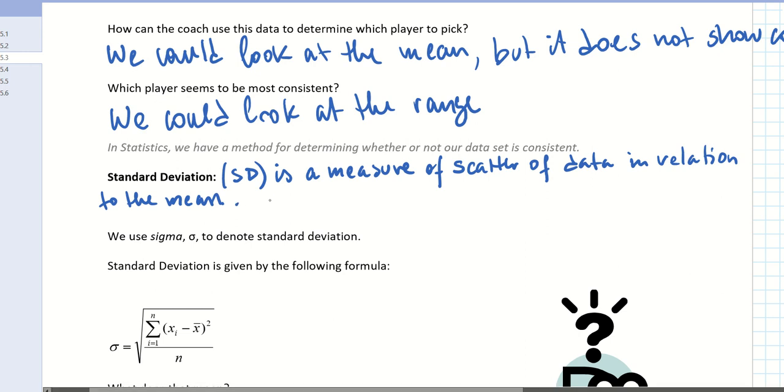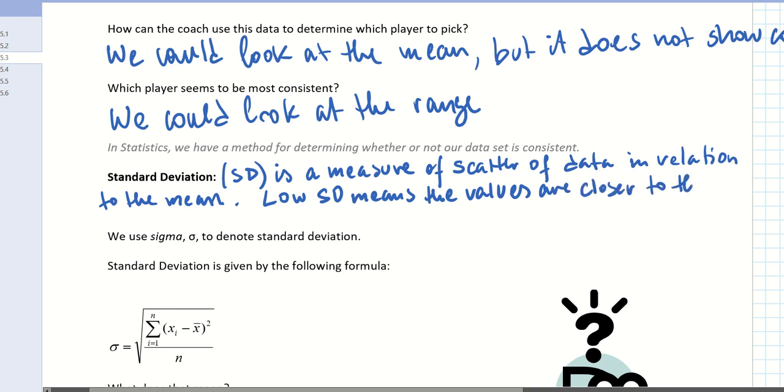So low SD means that the values are closer together or closer to the mean. And then high SD just means that the values are more spread out.